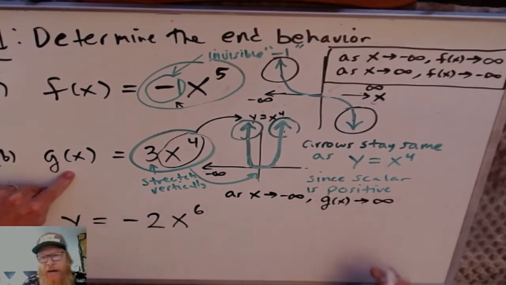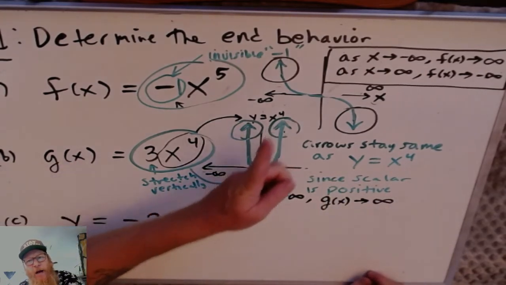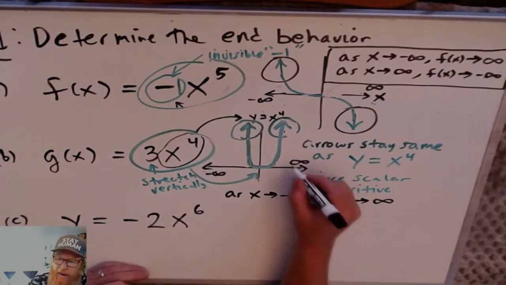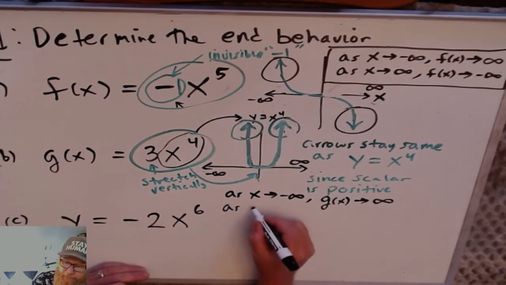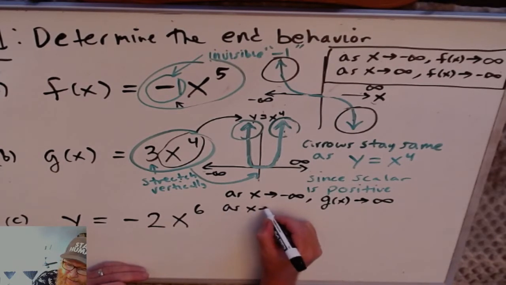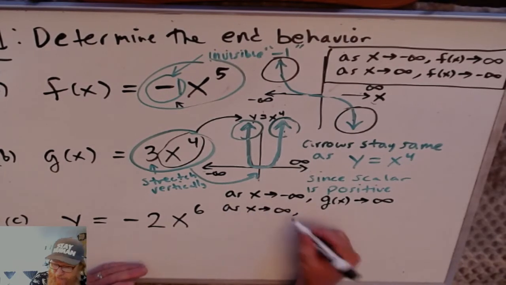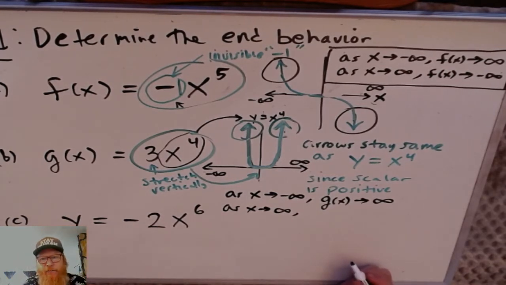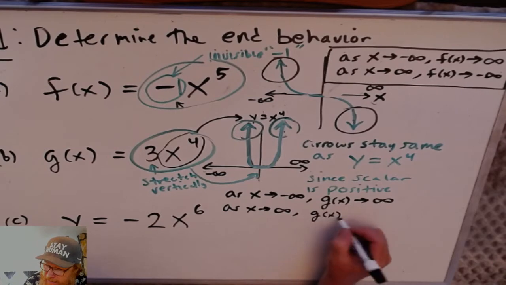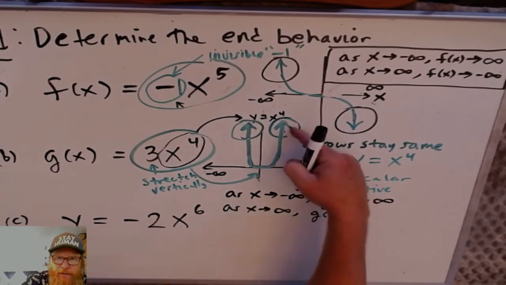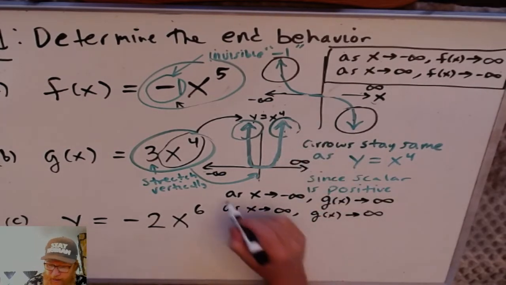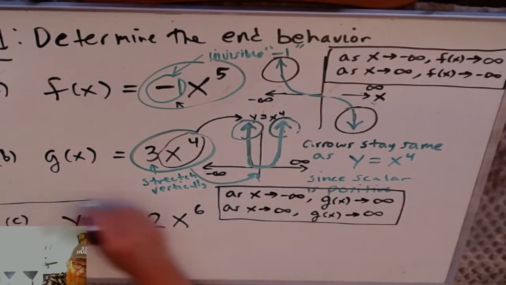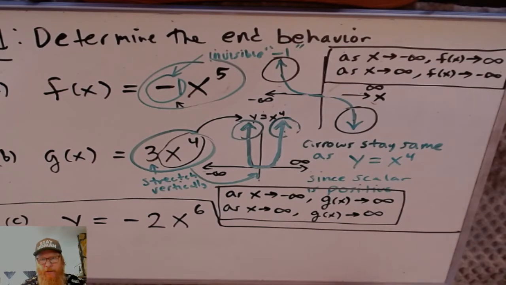G is going to positive infinity. It's going up. Now we go to the right end of town, or the east end of town. As x goes to positive infinity, what's happening to g of x? On the right side, it is still going up. So that's your answer for part B.